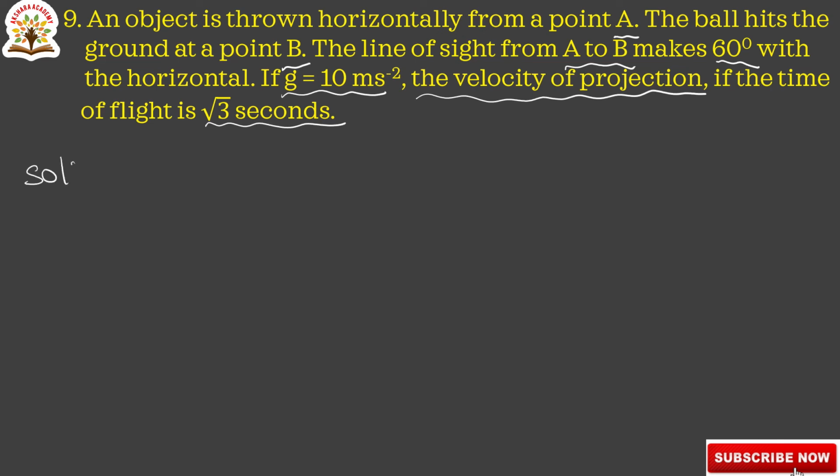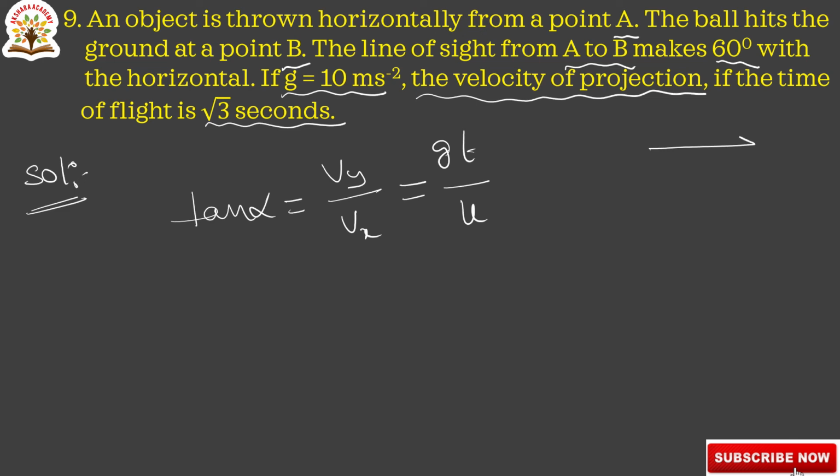Let us go to the solution. Tan alpha is equal to Vy by Vx, that is equal to gt by u. Here this is the velocity in the x direction, here V, and making an angle of 60 degrees with this.